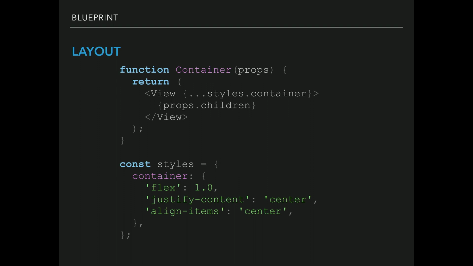And so that reconciler will issue a bunch of set property calls here. And so if you can see in this example, I'm unpacking these three properties, flex, justify content, align items, onto the view element. And so under the hood, this is going to create a view instance, set a bunch of properties, add it to my root level component, and then we're rendered.